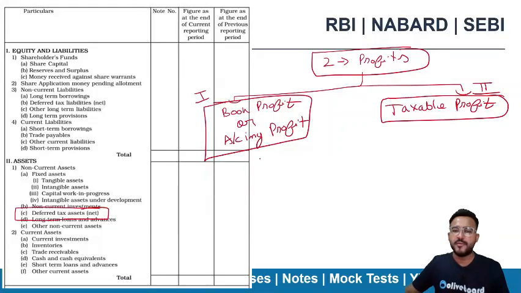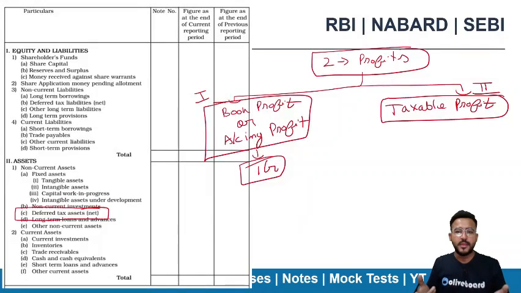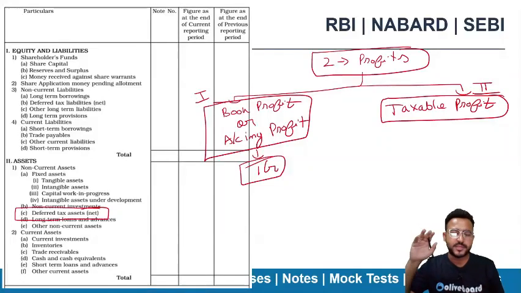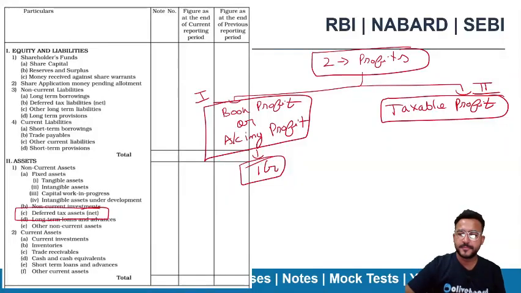Let's suppose I have a book profit of 1 crore. Government of India will disallow multiple kinds of expenditures; it's there in the Income Tax Act, various provisions. We don't have to study those provisions, but you should know that there are two types of profit: book profit, that is profit as per our accounting records, and taxable profit, which is profit as per the Income Tax Act.